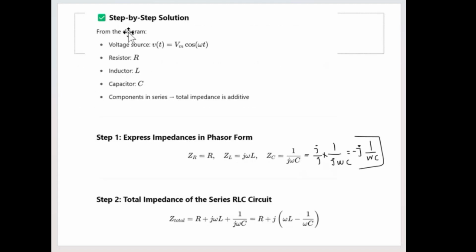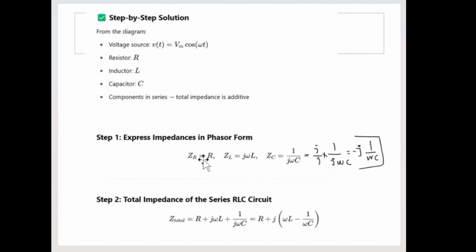The first thing that we do is define our voltage source as V_m cosine of omega t, and the value of the resistor is R, the inductor is L, and the capacitor is just C. The next thing that we would like to do is define impedances.